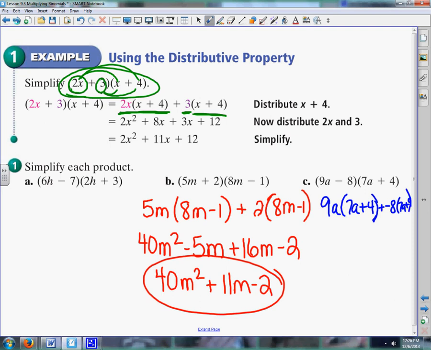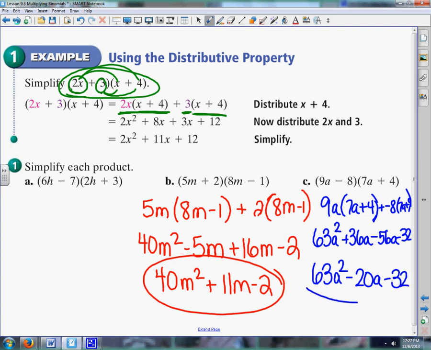Okay, so 9a times 7a is 63a squared, plus 36a, minus 8 times 7a, which is 56a, minus 32. So now I have 63a squared minus 20a, because 36 minus 56 is negative 20, minus 32.